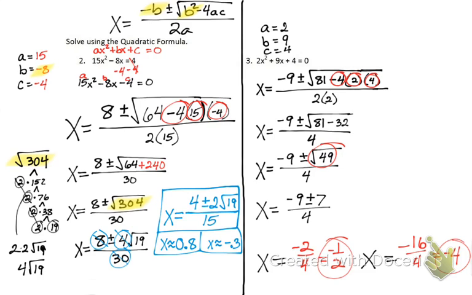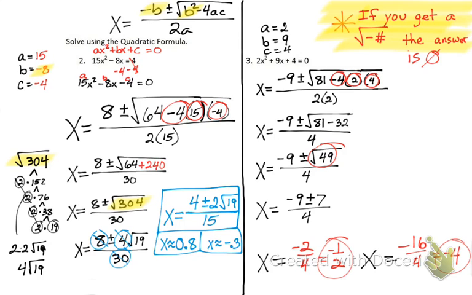Okay, now one rule I want you to add up here at the top right or somewhere on this page, maybe for you it's at the bottom of the page. Big important rule: if you have a negative square root, meaning you have a negative number underneath your radical sign, your answer is no solution.